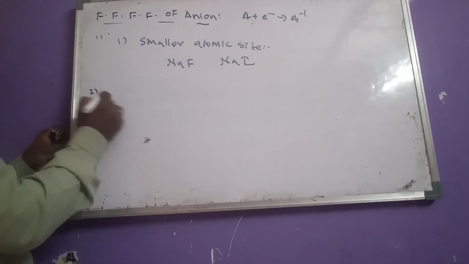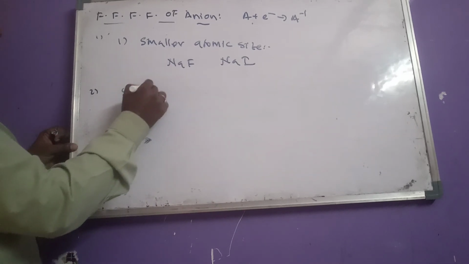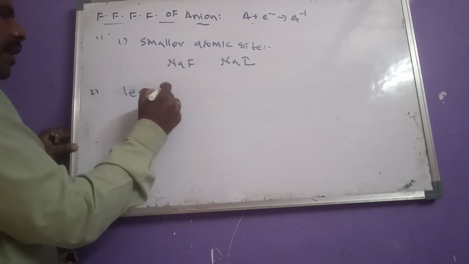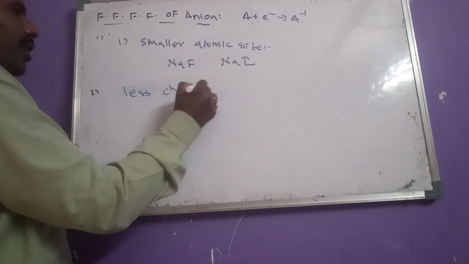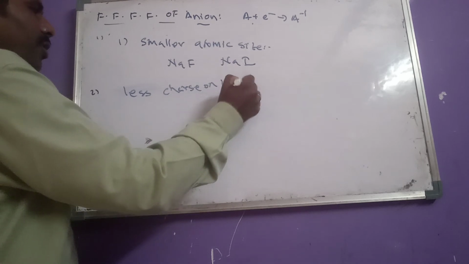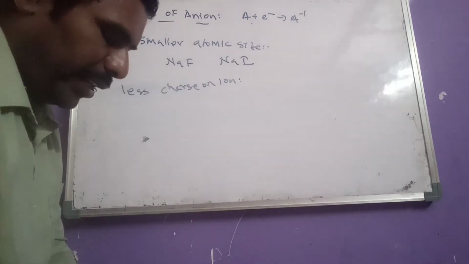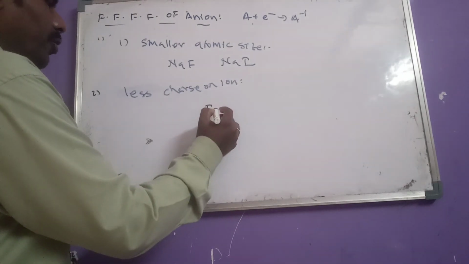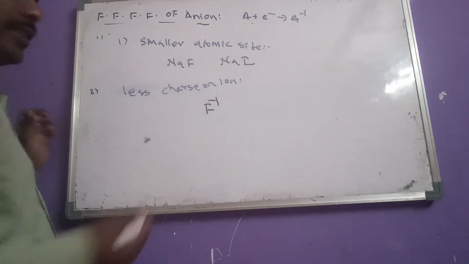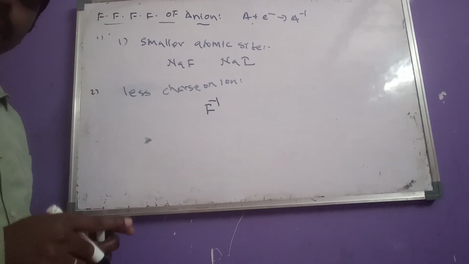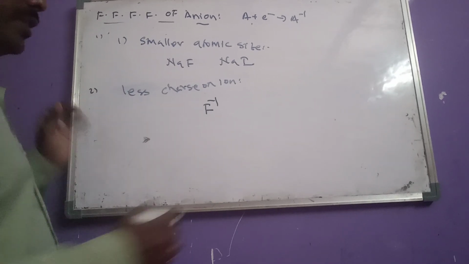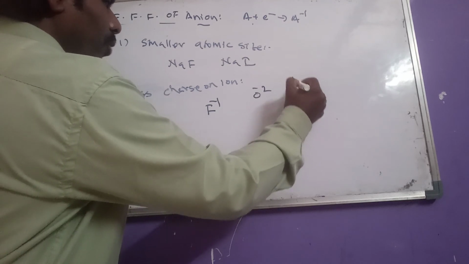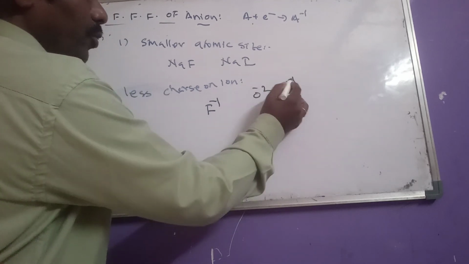The second favorable factor is smaller charge, or less charge, on the anion. Why do we need less charge here? For example, if you want to prepare F-, just by adding one electron to F, we get F-. But if you want to get O-2, first we have to add one electron to oxygen to get O-.